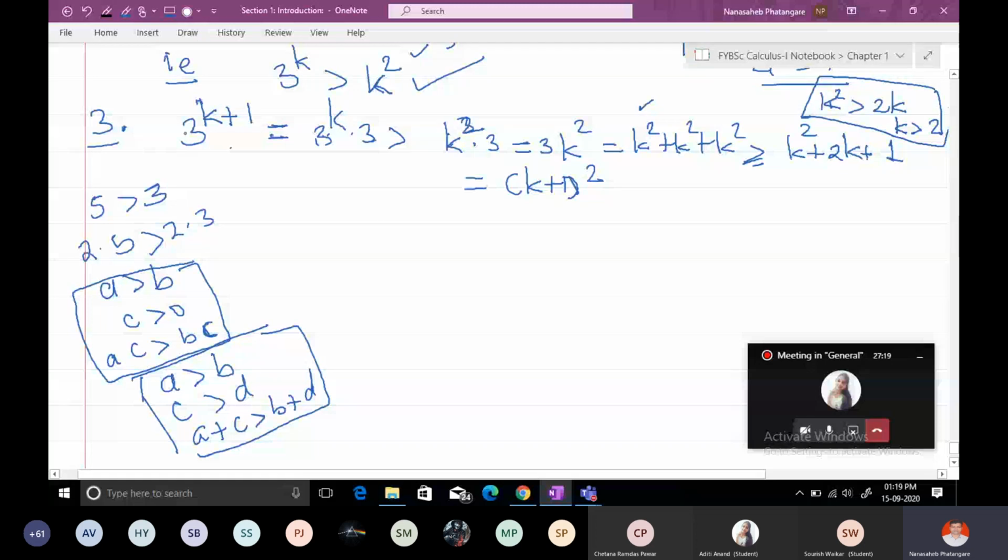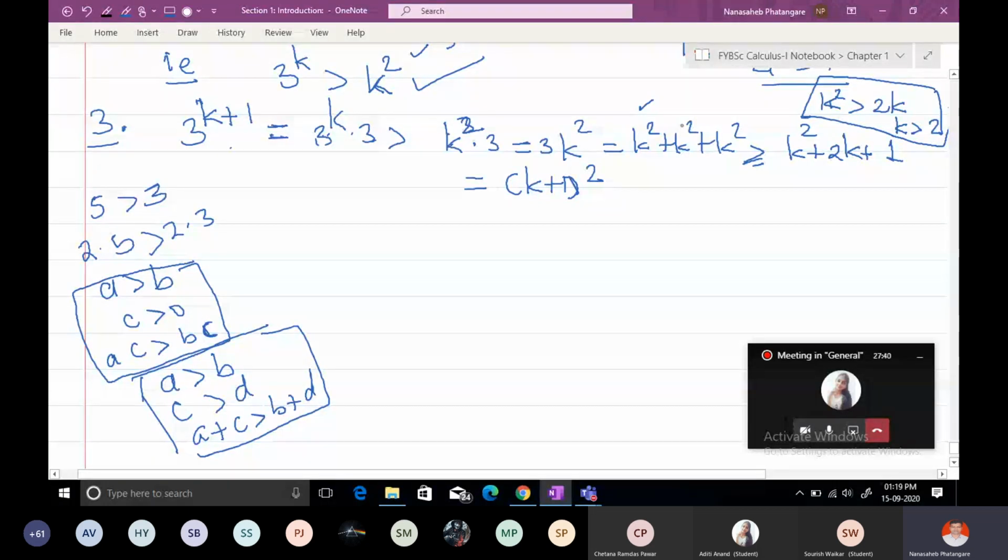I started with 3 raised to k plus 1, but I could express 3 raised to k plus 1 as 3 raised to k into 3. But by the induction hypothesis, 3 raised to k is bigger than k square. So if I replace 3 raised to k by k square, the resulting amount is smaller, which is the same as k square plus k square plus k square.